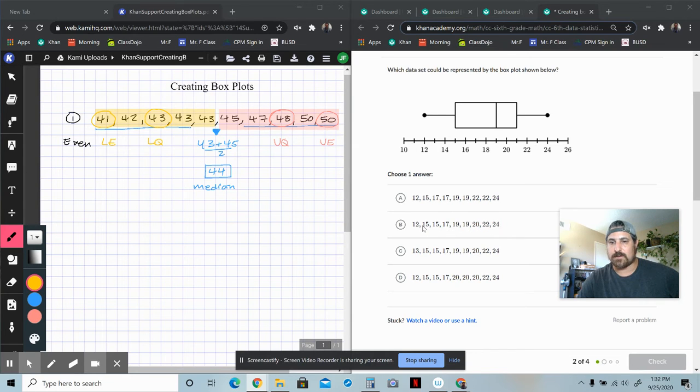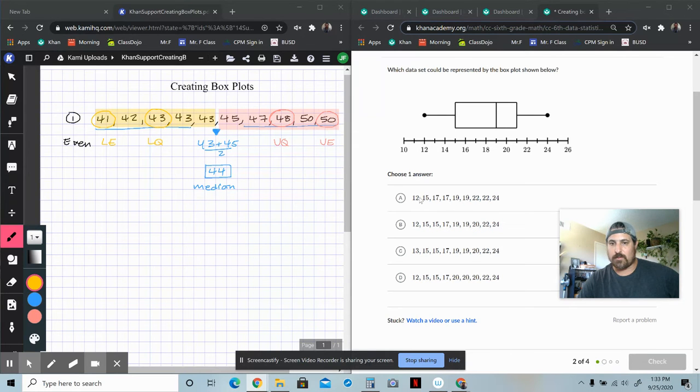And if we take out 4, 19's in the middle. Yep, that's still a possibility. 1, 2, 3, 4. Oh, this one has a middle of 20 because there's 9 values and the median is 20, which means this one's wrong. So we can eliminate C, we can eliminate D. It's going to be either A or B. So really we're just looking at which one of those is going to be accurate between A and B.